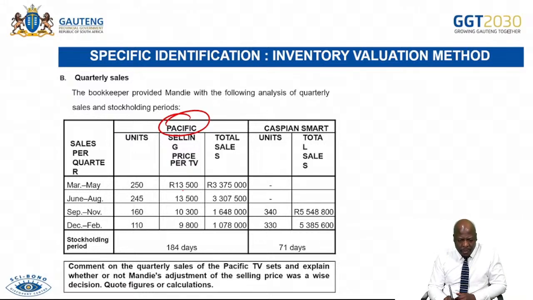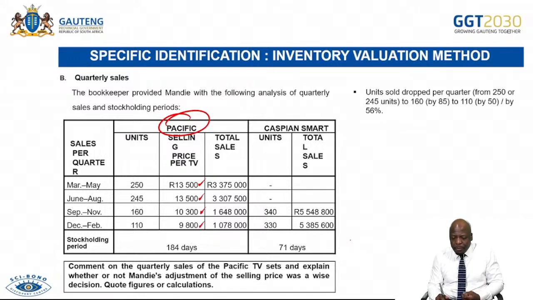You can see here in May it is 13.5, in August it remains 13.5, in September it went to 10.3, and it further went down in December to 9,800. So now we want to see if it was a good decision to adjust this selling price.